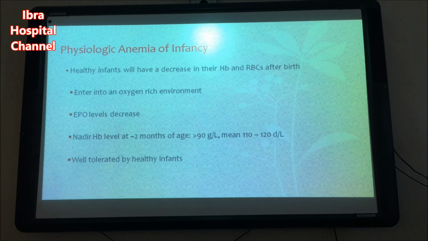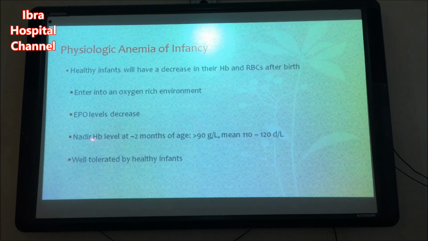So the physiological anemia of infancy that we discussed, the first few months there will be decrease in the hemoglobin and the red blood cells after birth, and this is because the child will come out of the uterus and suddenly will be exposed to an oxygen-rich environment. And you remember that erythropoietin produced by the kidney in response to hypoxic state, that will have an opposite effect, and because of oxygen-rich environment, the production of EPO will be reduced.